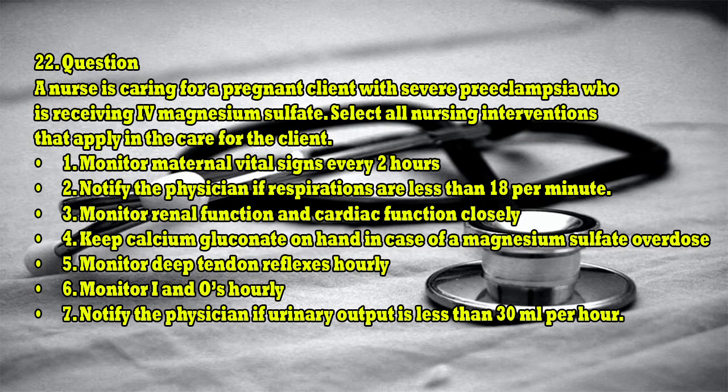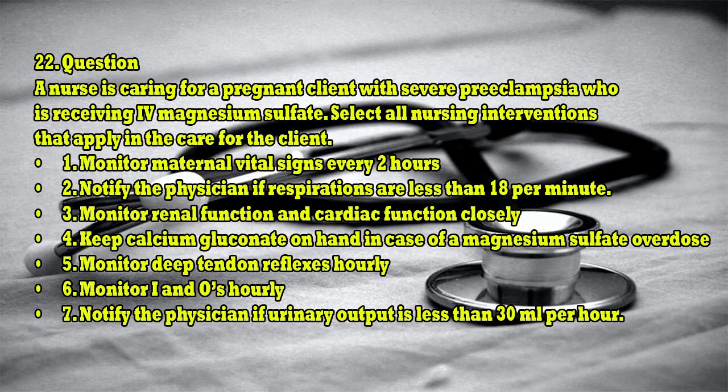Question. A nurse is caring for a pregnant client with severe preeclampsia who is receiving magnesium sulfate. Select all nursing interventions that apply in the care for the client. 1. Monitor maternal vital signs every 2 hours. 2. Notify the physician if respirations are less than 18 per minute. 3.